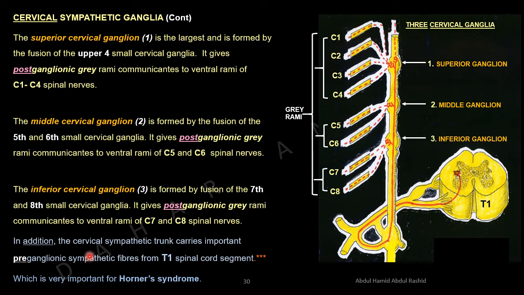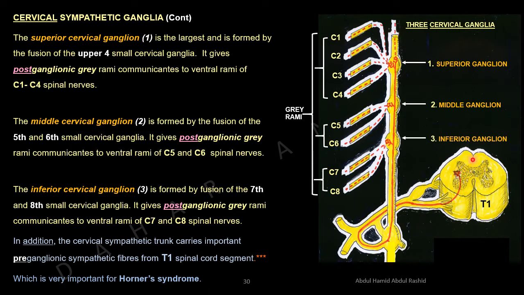In addition to it, what is more important is that in this cervical sympathetic trunk, there are additional fibers. Very important, these are preganglionic sympathetic fibers coming directly from the first thoracic segment of the spinal cord.